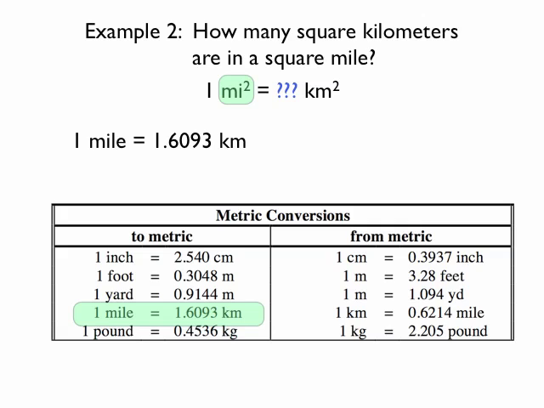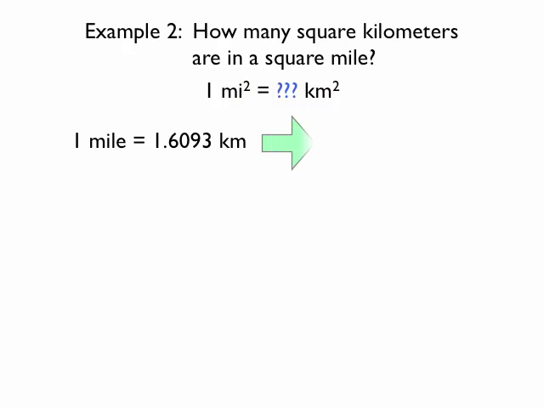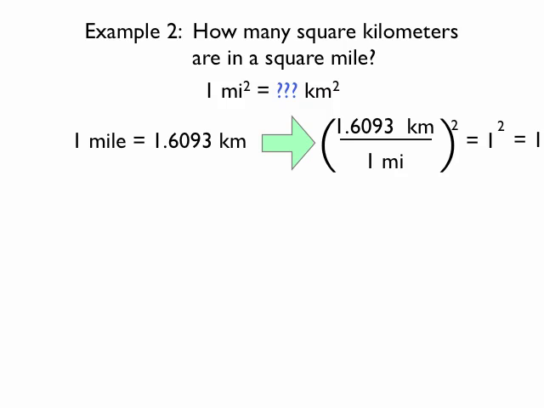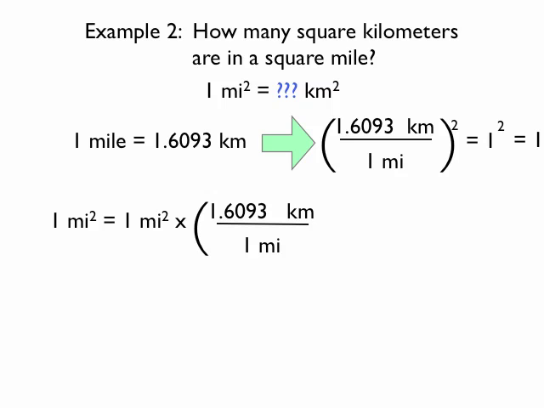We can divide both sides of this conversion by 1 mile to find the conversion 1.6093 kilometers per mile. We need to square this conversion since we're going from square miles to square kilometers rather than miles to kilometers. Now we multiply 1 square mile by this conversion factor.